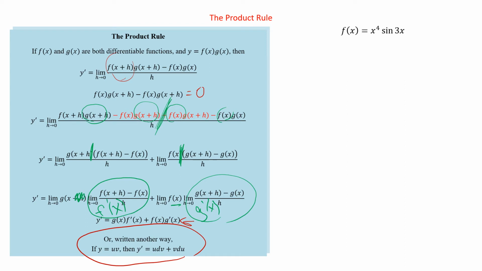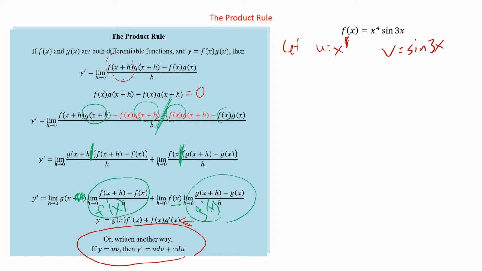If we have f of x equals x to the fourth sine of 3x, we're going to let u equal x to the fourth and v equal sine of 3x.